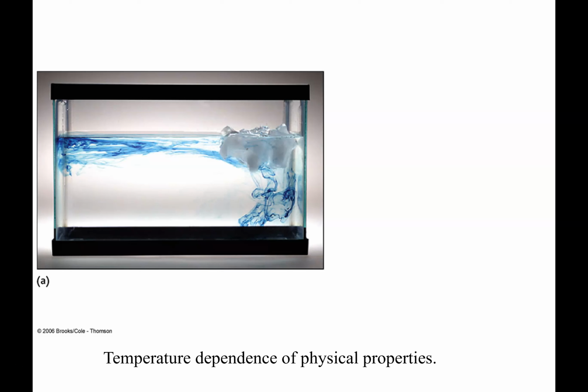So what happens around the vicinity of the ice? I'll just answer my own question. The water cools down, and as it cools down, the volume gets smaller, and as this gets smaller, the density increases. So the cold water becomes more dense, basically.